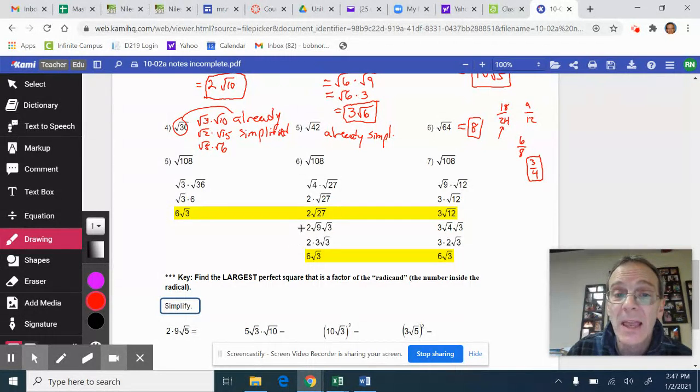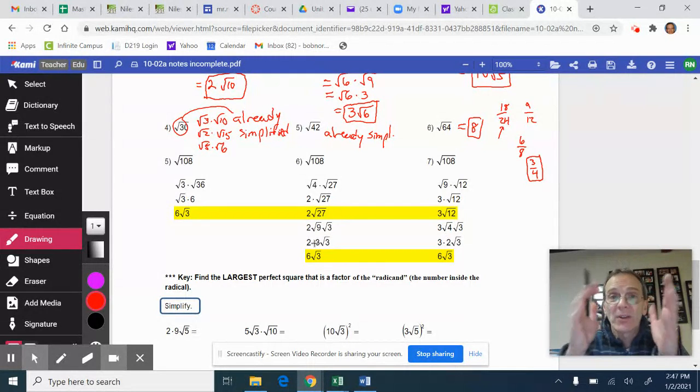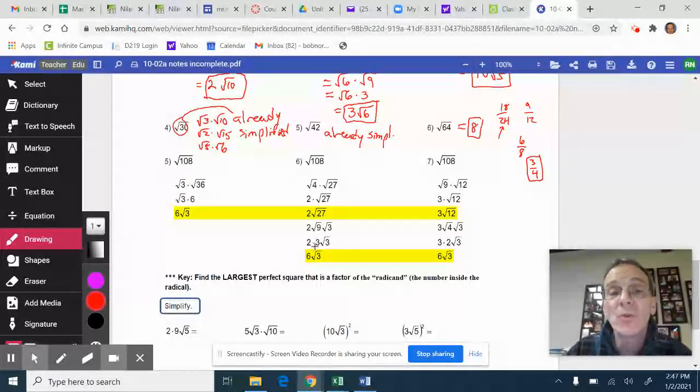Because in this line right here, this is 2 times the square root of 9 times the square root of 3. And so that multiplication needs to be preserved, or at least the awareness of it needs to be preserved by putting that dot in the next line. And then the whole number 2 and the whole number 3 can be remultiplied together, recombined to get a whole number 6. And now we have an answer that matches the one on the left.